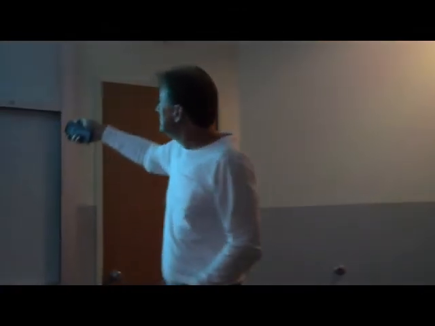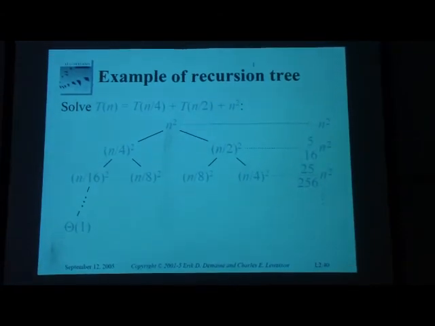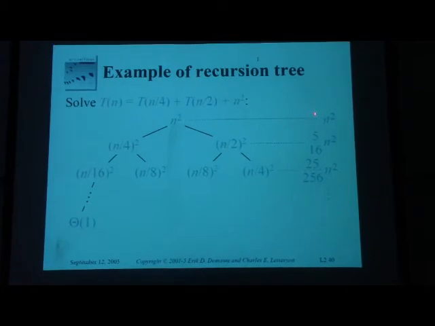But what we're seeing is that we have n squared plus n squared plus n squared. If we factor out the n squared, it's going to be n squared times 5/16 to the 0 plus 5/16 to the 1 plus 5/16 to the 2 plus 5/16 to the 3, etc. How many times? I don't know exactly, but I don't care.